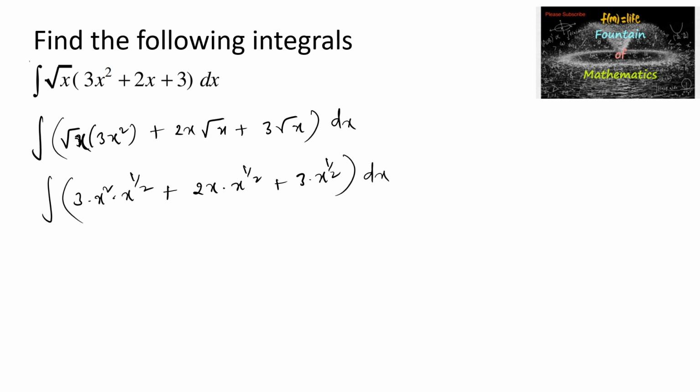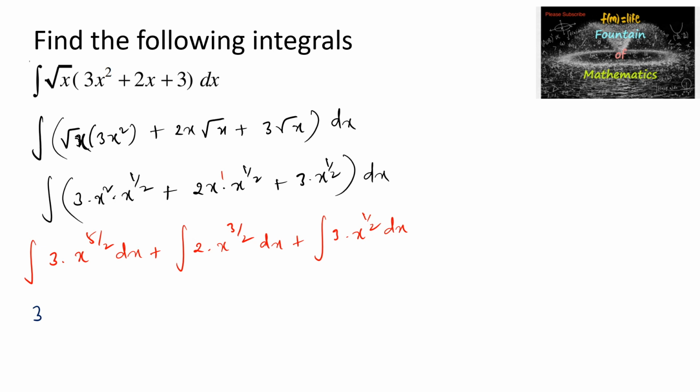And we can separate them. Integral 3 x to the power of 2 plus 1 by 2, which is 5 by 2, dx, plus integral 2 times x to the power of 1 plus 1 by 2, which is 3 by 2, dx, and again integral 3 times x to the power 1 by 2 dx.